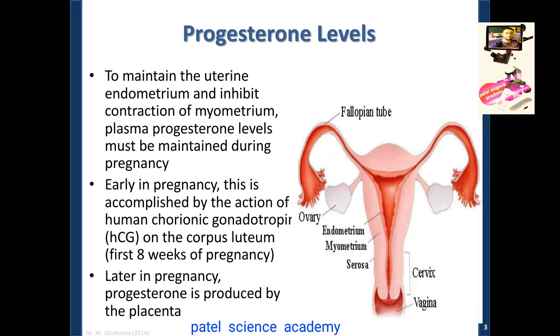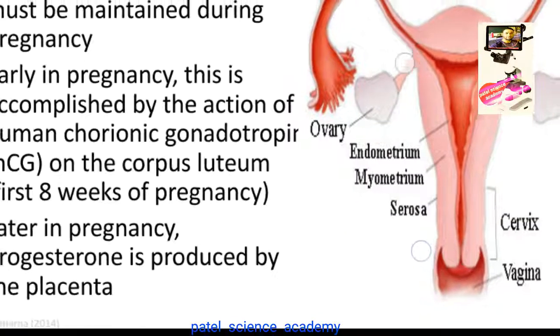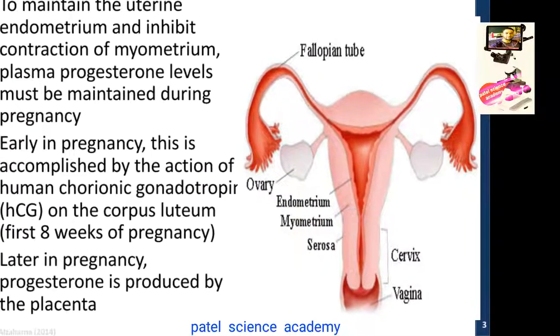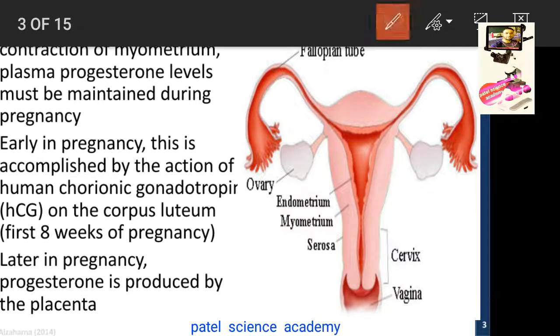So as you know, dear students, this is the female reproductive system, and these are the ovaries. One pair of ovaries is always present, attached to the uterine wall by this ligament.